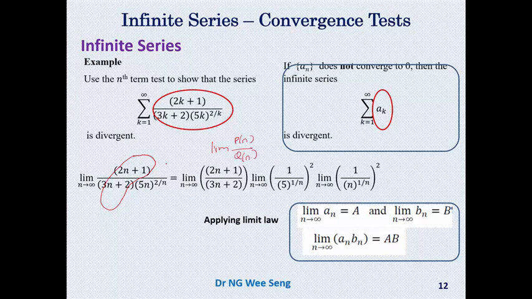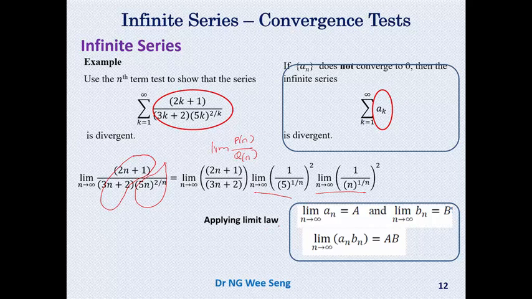The other one will be this term, which has to be treated in a separate manner. So we naturally have to split this into two. And for 5 and n, I split them further into two limits, because 5 power 2 over n and n power 2 over n require the use of different formulas.